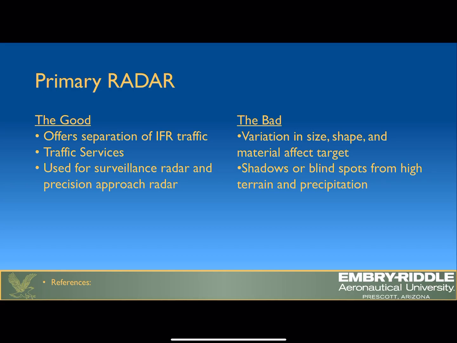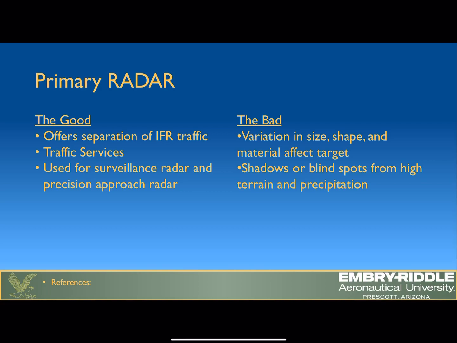As you fly into Class Bravo airspace, let's say, a lot of times they're going to use radar to vector you to the airport you need to go to. So they use radar as a form of navigation. They just tell you which direction to fly and what altitude, and they guide you along.